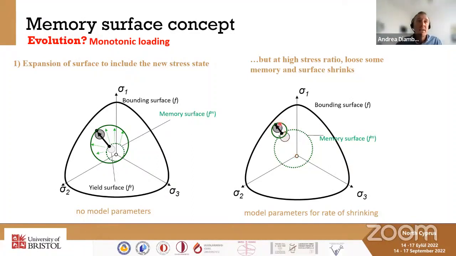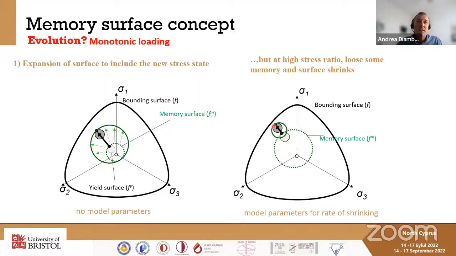So we must have a mechanism that when we go close to failure or close to the peak condition, the memory surface loses memory and shrinks. And for this we need another model parameter. I have to say that this model parameter doesn't need to be calibrated because it often takes some specific value.